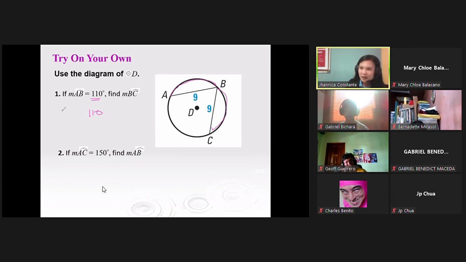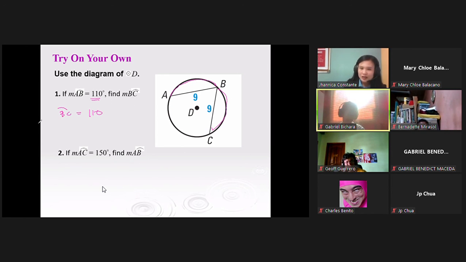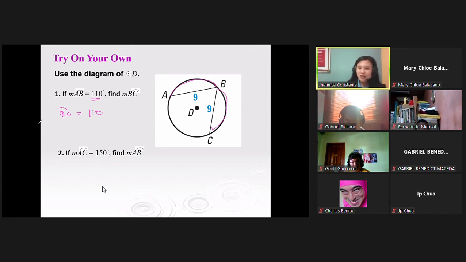So that means arc BC is congruent. So if arc AC is equal to 150 degrees, we need to find the measurement of arc AB. So if AC is equal to 150, you need to identify the measurement of arc AB.